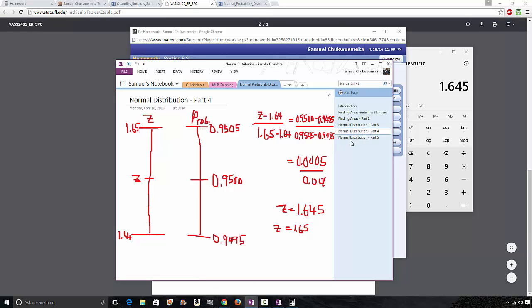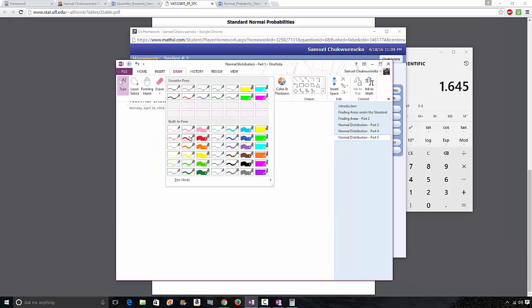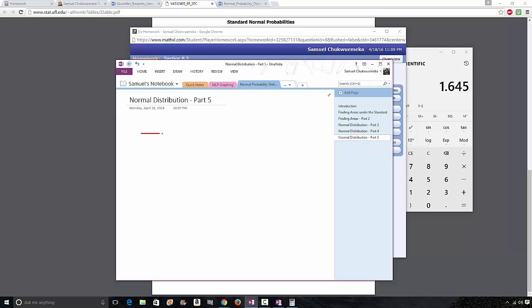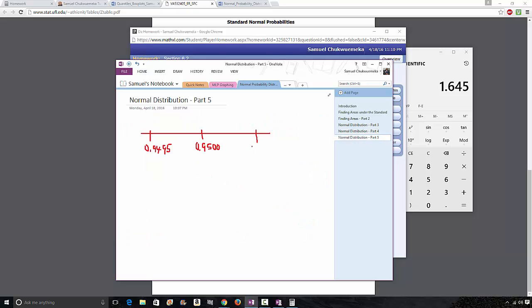Okay, so we're going to find the distance. Look at what I'm saying here. If you have 0.9500, here you have 0.9495, and here you have 0.9505.